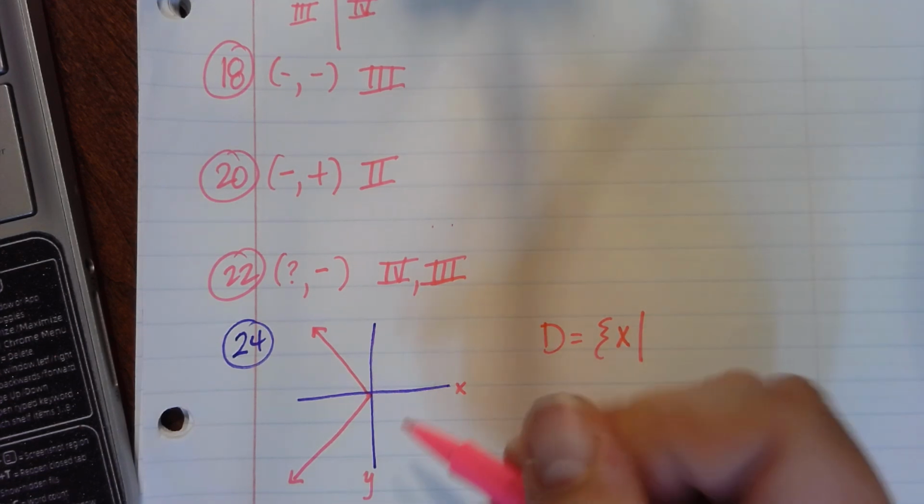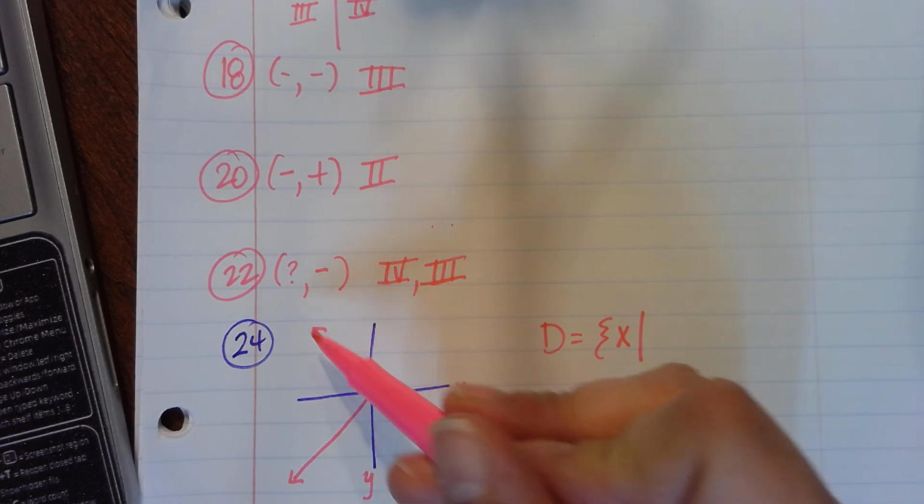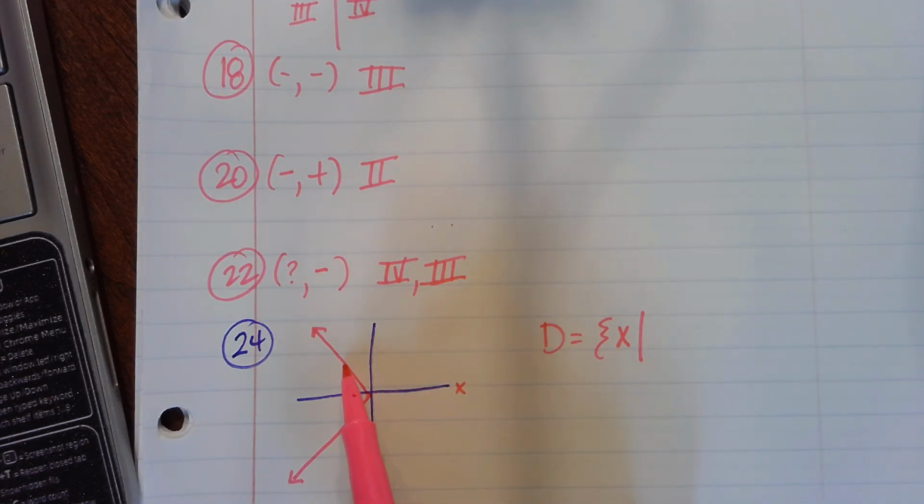I'm trying to name everything that x could be, because if I keep going off here, I could make this a point, make this a point, make this a point. So I have to answer for anything that x could possibly be. And I know that it is at most 0, okay?